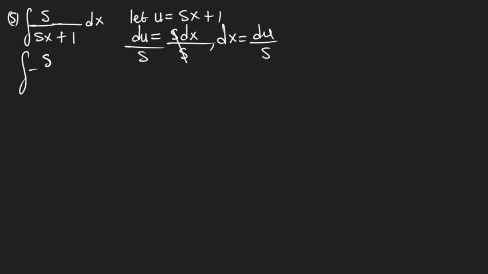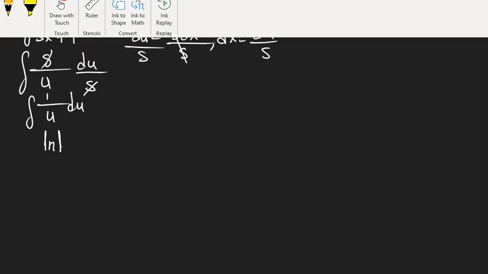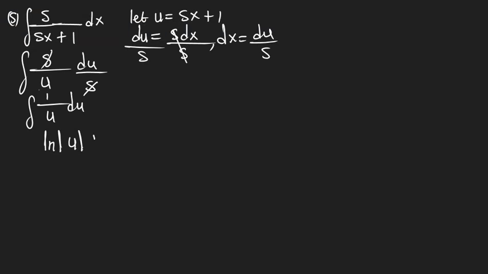So you're going to have 5 over u, then of course du over 5, so that this and that can cancel. You're going to have the integral of 1 over u du, which is just going to be the ln of u, so the ln of 5x plus 1, plus some constant c.